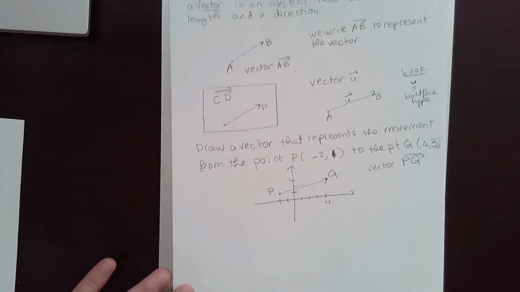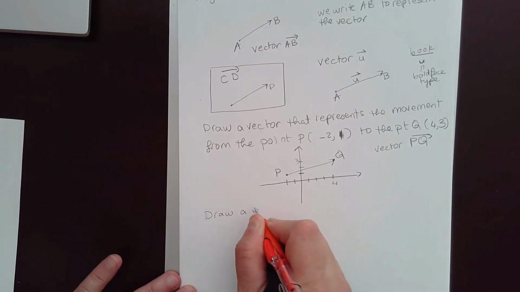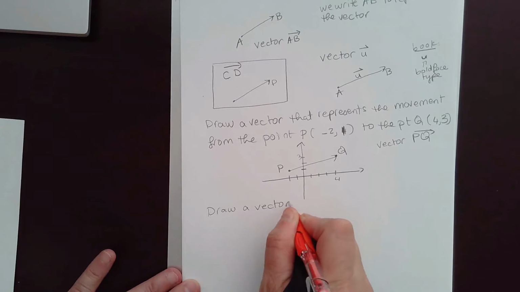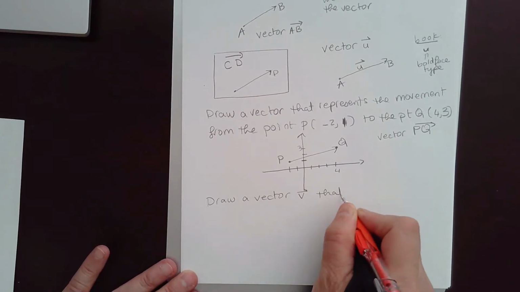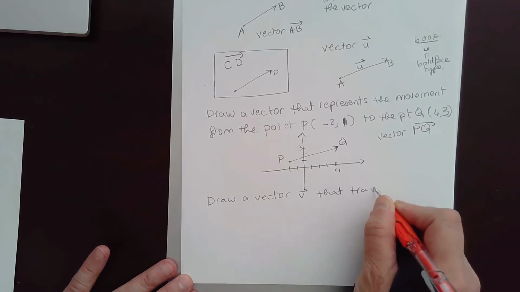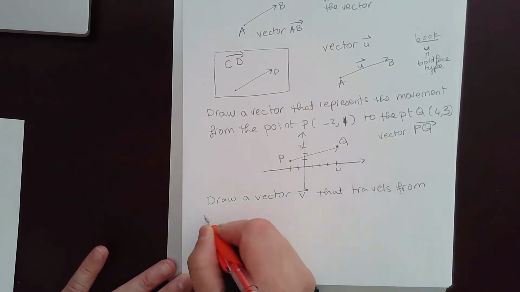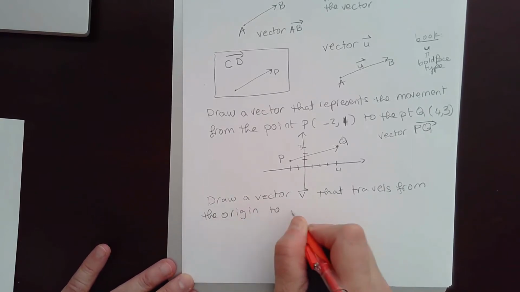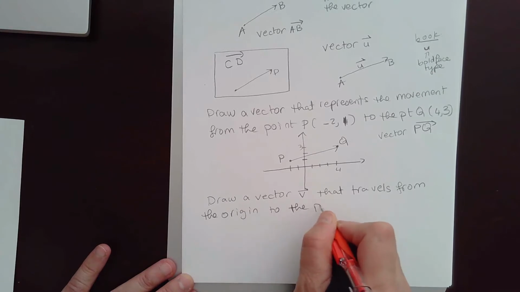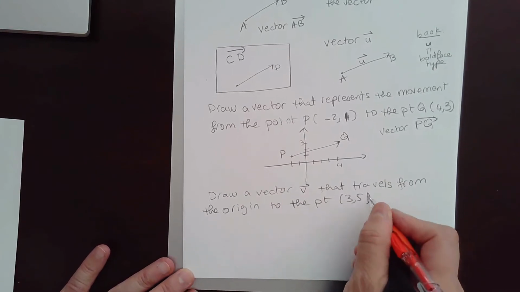Okay, now you might want to draw a vector V that travels from the origin to the point 3, 5. So we can do this.